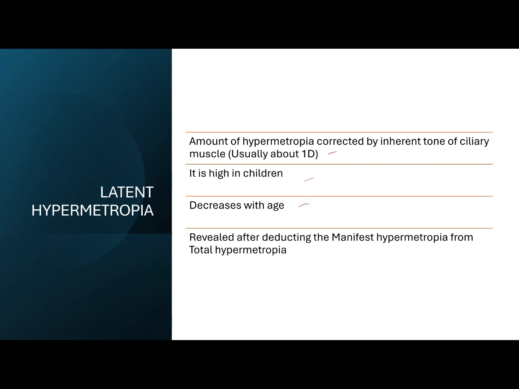And how do we find this latent hypermetropia? As I told you, total hypermetropia is equal to latent plus manifest. So to find out latent hypermetropia, we have to deduct the manifest hypermetropia from total hypermetropia.